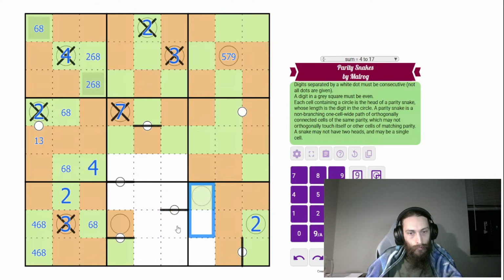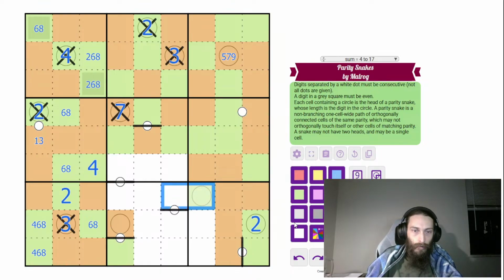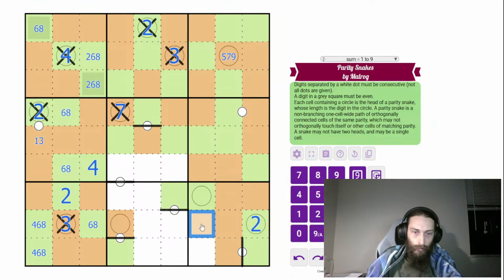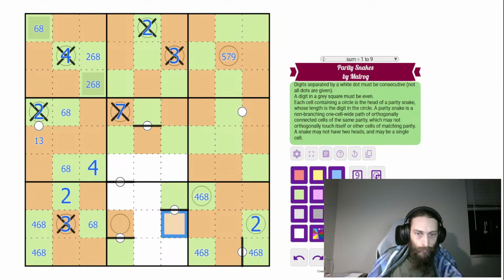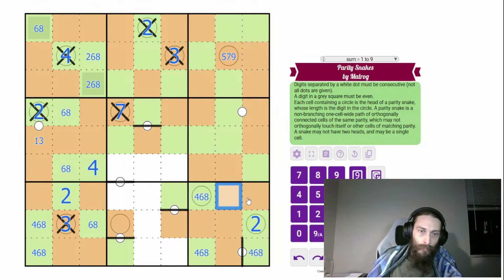It can't turn because we've got the evens in the row, and it cannot be a 2. Okay, so it has to go that way. Odd, another even. Across the dot in box 8 there is. And so the last even goes in.